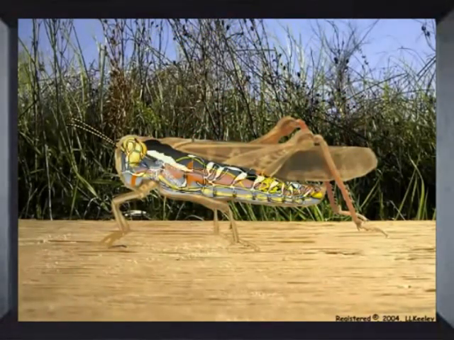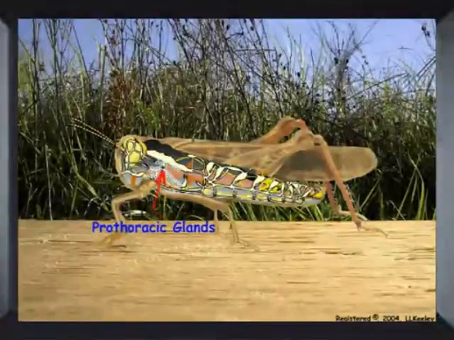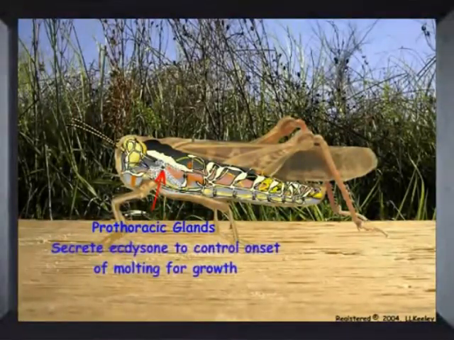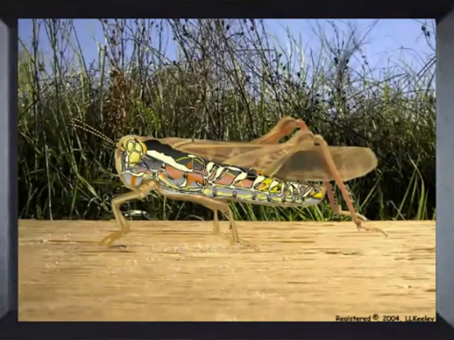The prothoracic glands are grape-like clusters of cells surrounding the trachea in the first thoracic segment. They secrete ecdysone, the hormone that stimulates molting, a process necessary for insect growth. They disintegrate in adult insects because adult insects no longer molt.